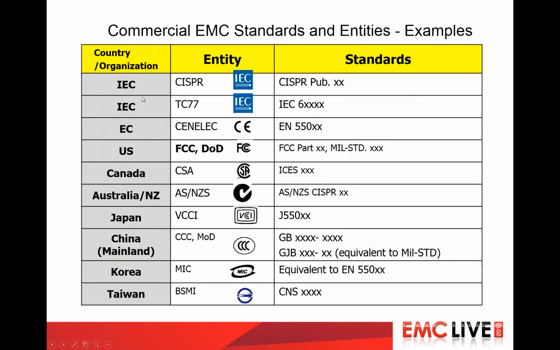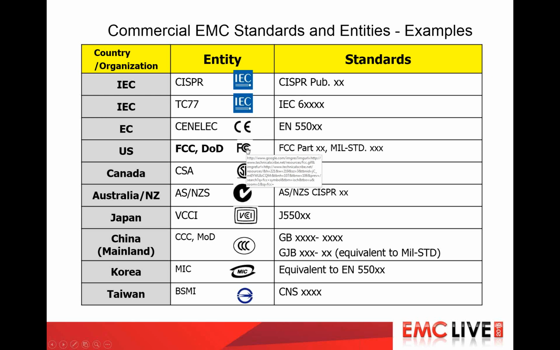So here are the examples of the different nomenclatures that are used. Like here in the U.S., we use the FCC standards, but again, everything feeds back to the CISPRS standards. So we have the FCC standards, the Department of Defense standards.